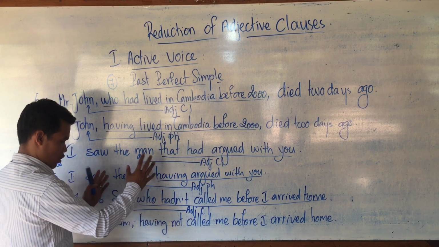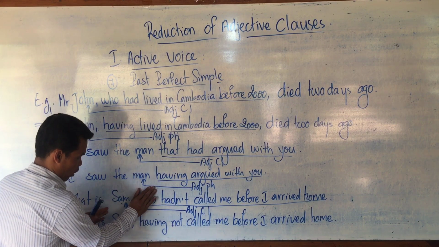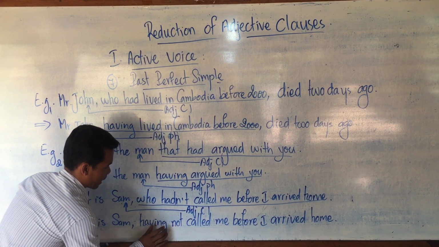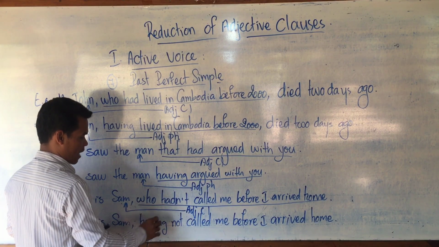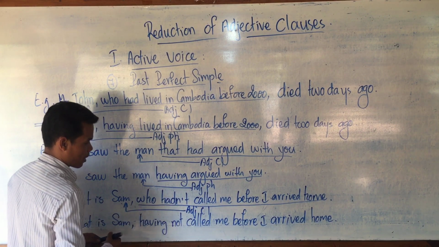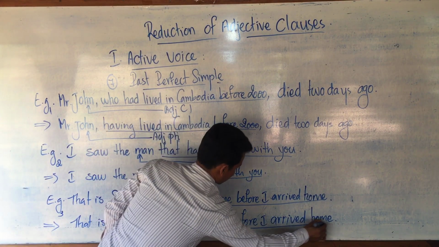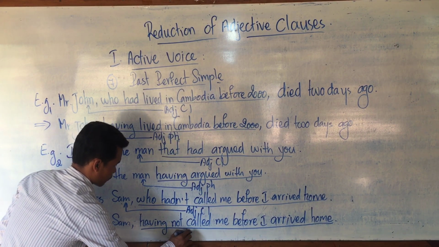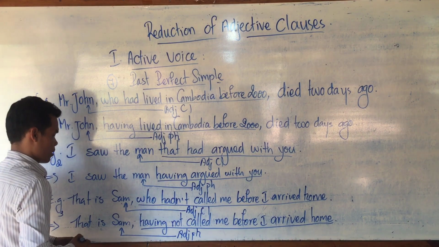In order to change the adjective clause to an adjective phrase, first you delete who as a relative pronoun, then change had to have and add ing. But not is not deleted because not is not part of the auxiliary verb. Not is still not, followed by the verb participle, so we have having not called me before I arrived home, an adjective phrase or participial phrase modifying Sam.